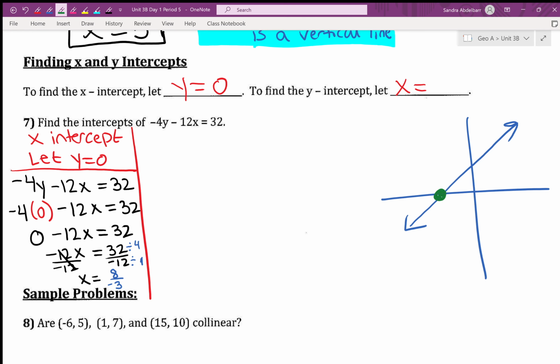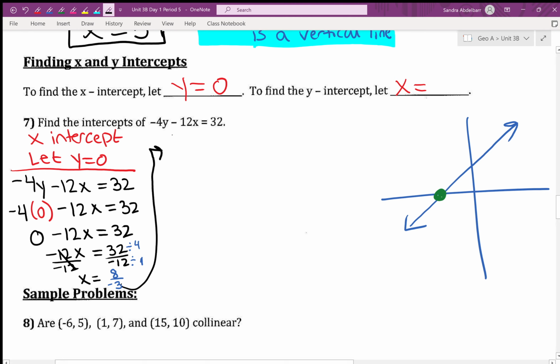The x-intercept is a point. How do we write a point? x, comma, y. You got it. So the x-intercept is going to be the point 8/3, comma, what's the y? 0. 8/3, comma, 0.